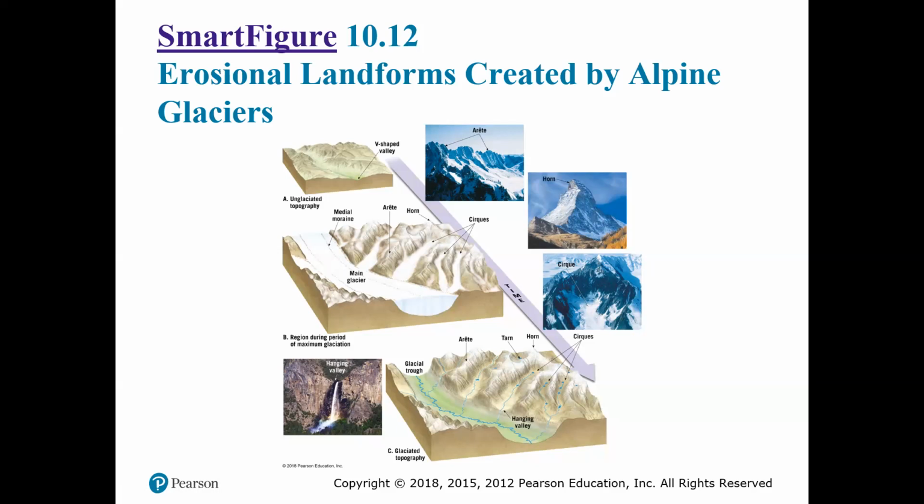So as you saw those U-shaped glacial troughs, if they become submerged due to the rise in sea level, then they basically create this series of inlets that you can see there around the coast of Norway that are pretty spectacular.